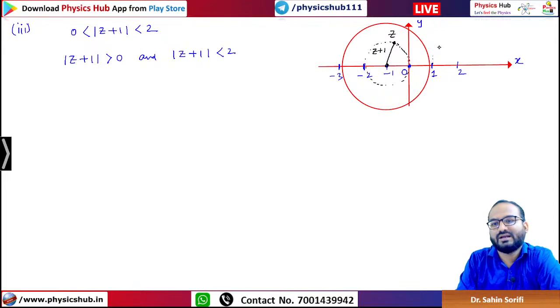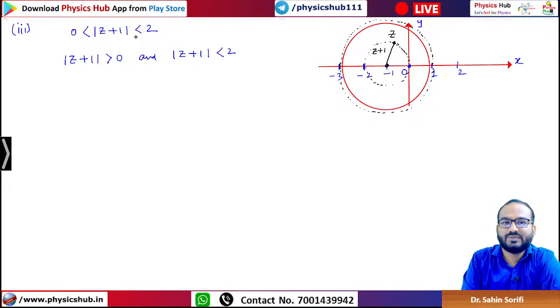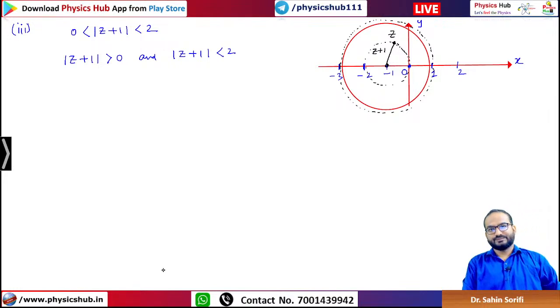And if you had a circle here, touching this point minus 3, this bigger dotted circle represents mod z plus 1 equals 2. So this red portion represents 0 less than mod z plus 1 less than 2. This one needs to be understood very clearly. Tell me if anyone has any doubt.